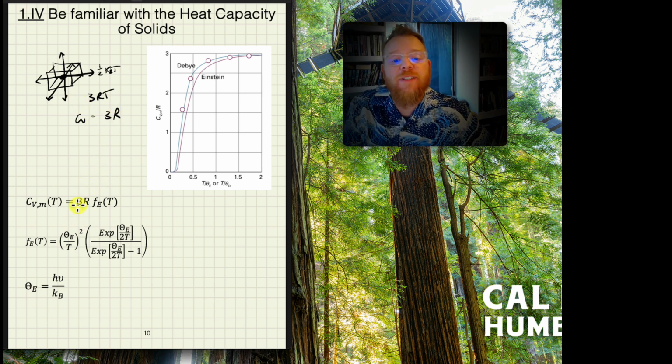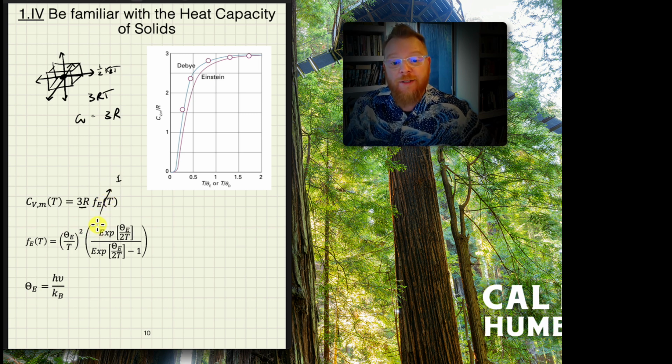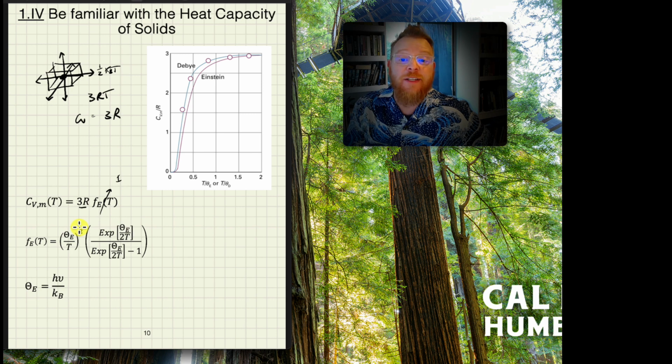Now if we notice this expression that I have here, CV as a function of T equals 3R, and now it's being multiplied by this function of temperature. So in the limit when this function approaches 1, our solid approaches its ideal heat capacity.